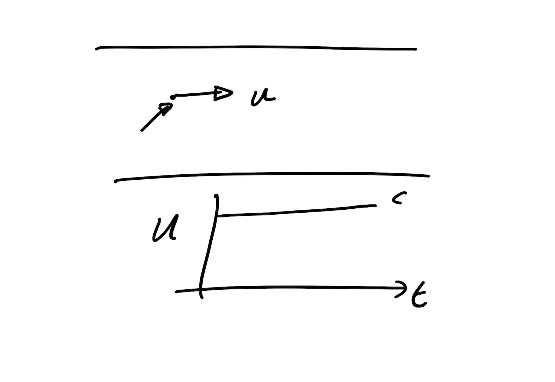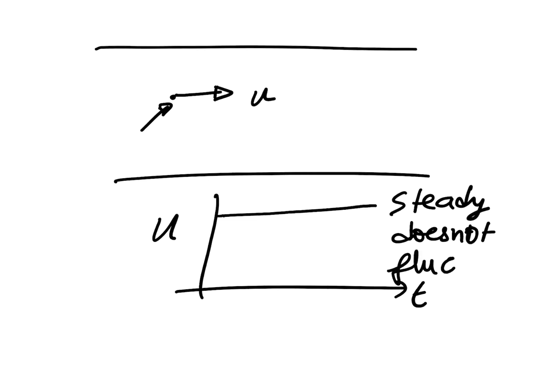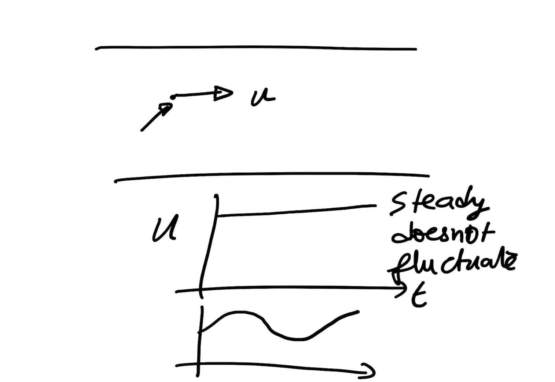That is, at that point the velocity doesn't fluctuate. It may change smoothly over time, but there is no fluctuation about the velocity.